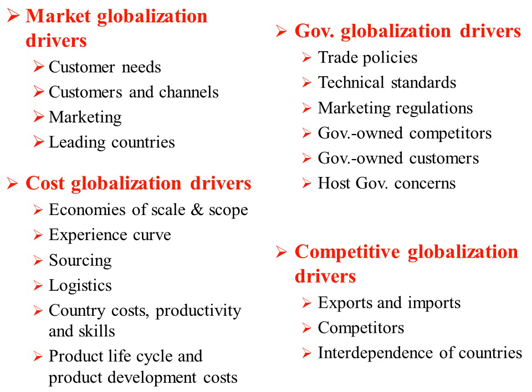So customer needs, customers and channels, marketing, leading countries are the market factors. Governments obviously have a major influence, particularly with trade policies, encouraging foreign investment. Costs, so some countries will have cost advantages, and there are competitive globalisation drivers such as interdependence of countries and competitors.